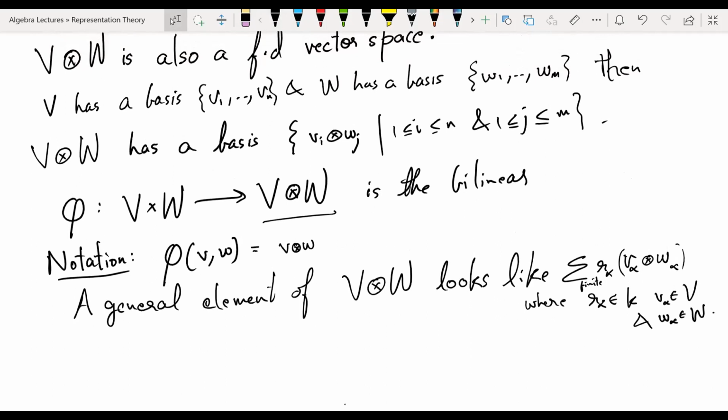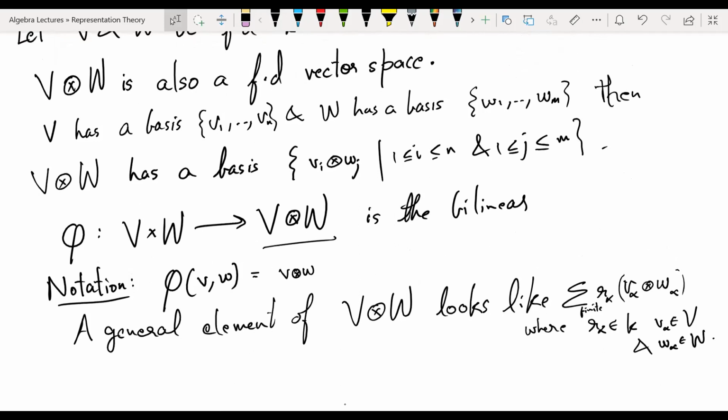Okay, so this is how a general element looks like. Not every element is of the form v tensor w. This is a fact, and it's not completely obvious that V tensor W has a basis like this. So maybe I should say something about why this is true.